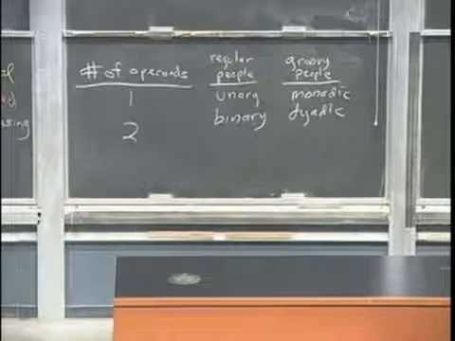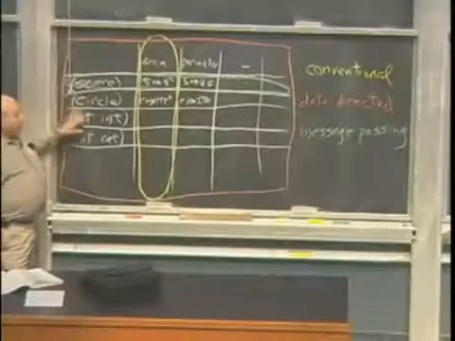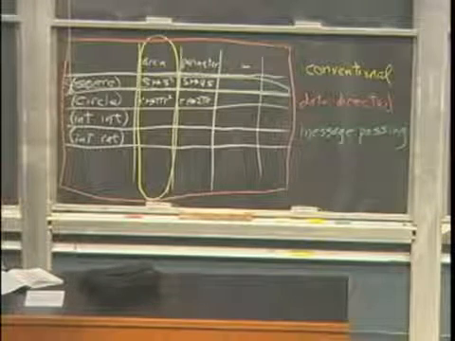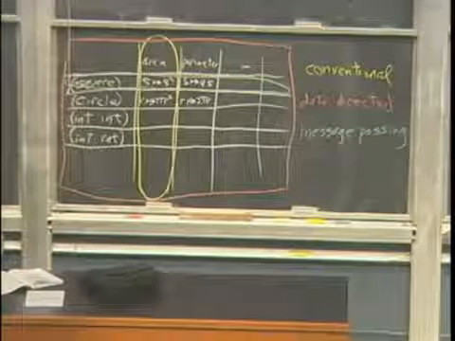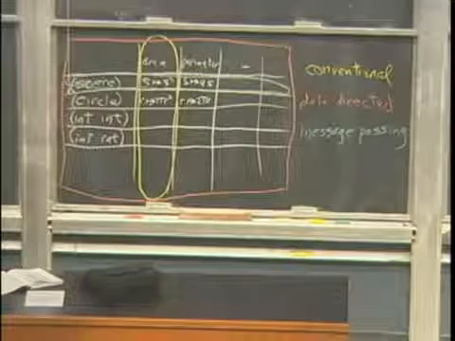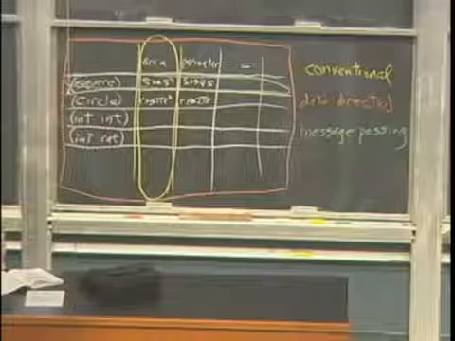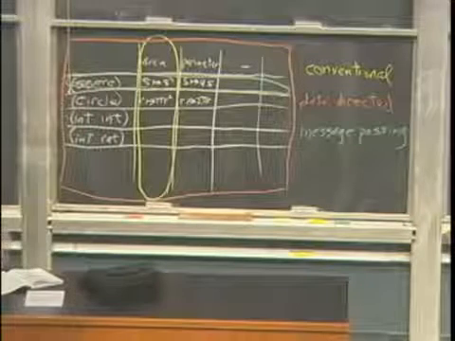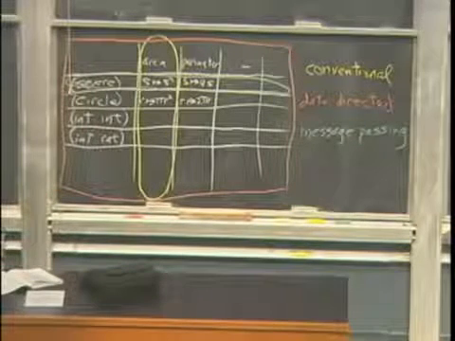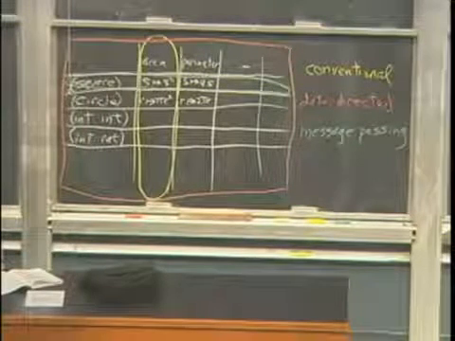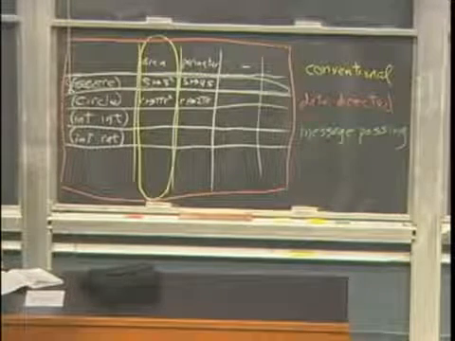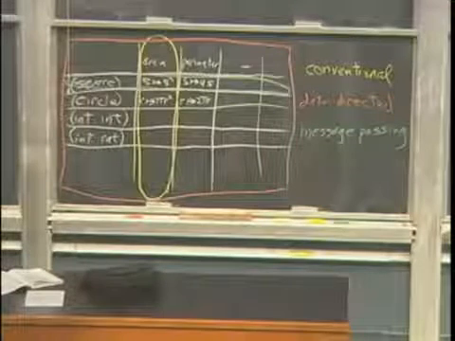Okay, so now we're doing dyadic operators, and so we have these type signatures. So just for minus, we need 16 of them. And if we want to do plus, minus, times, divide, that's 64 cells in this table to keep track of. That's a real pain in the neck. And people mostly would rather avoid that kind of work.